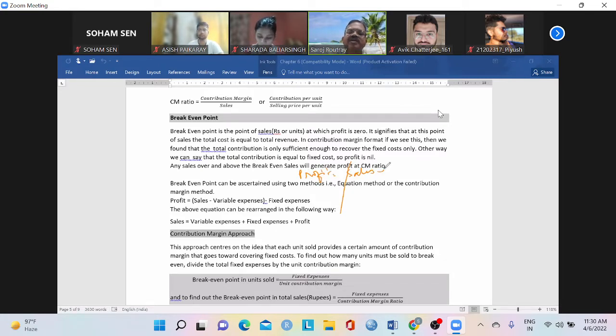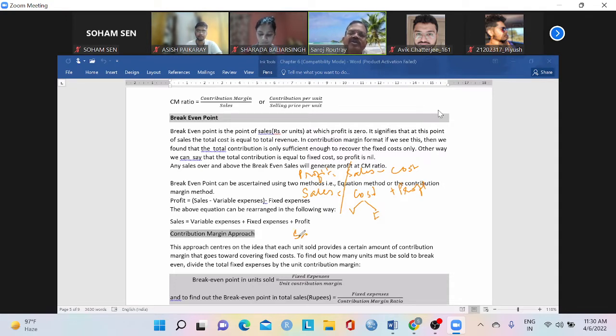sales minus cost. Okay. And in this chapter, how we write, or else you can write, sales is equal to cost plus profit. Okay. Now, cost is consisting of two, variable and fixed.